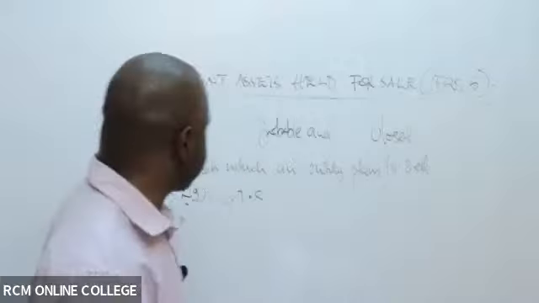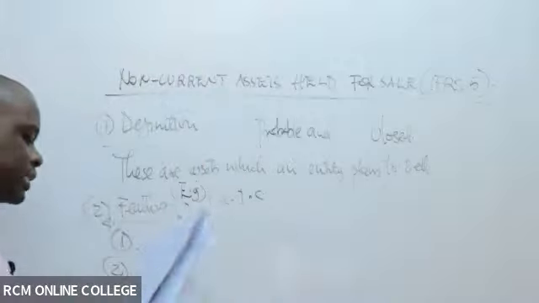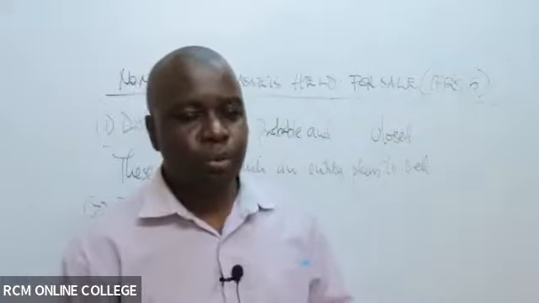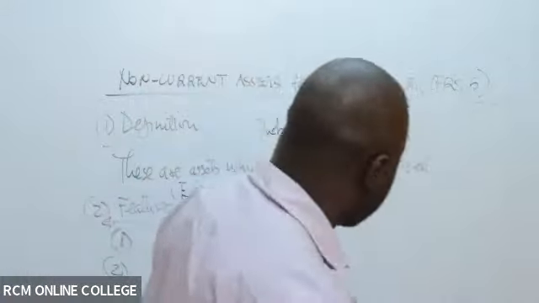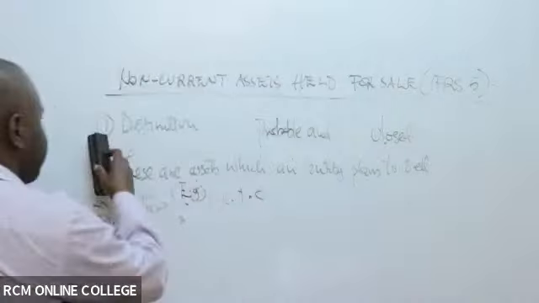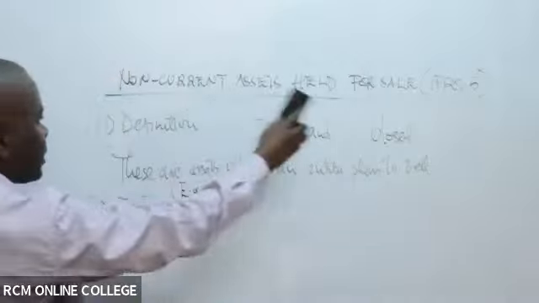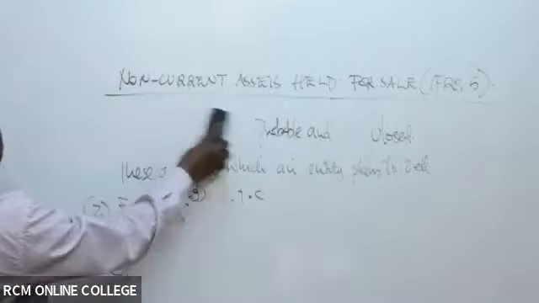So now, number 3, what is the accounting treatment? How do you deal with these assets in your books of accounts? Remember, number 1 was definition, number 2 features. But now, how do you account for non-current assets held for sale in your books of accounts?